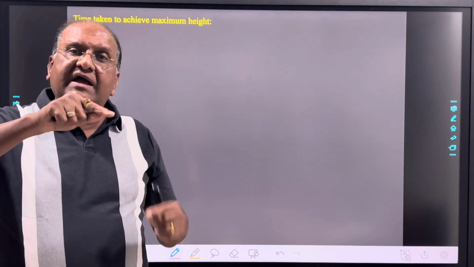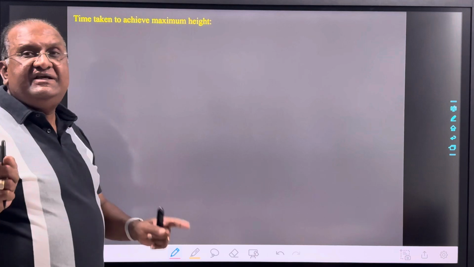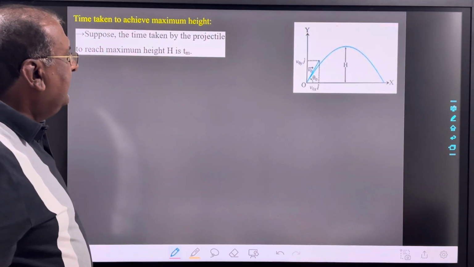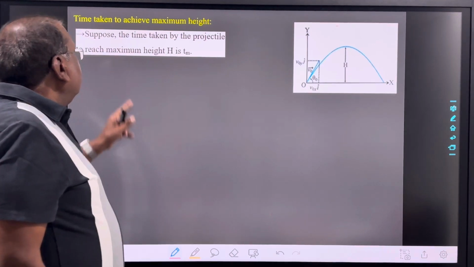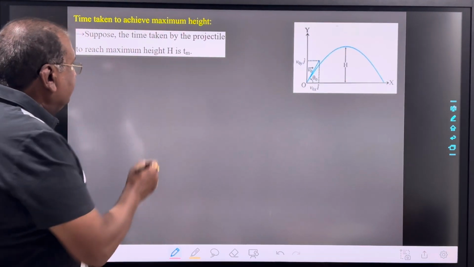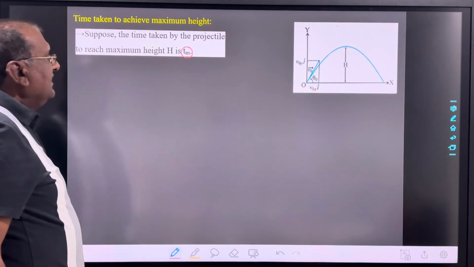So here now we have to calculate the time taken to achieve maximum height. Now see here, suppose the time taken to attain maximum height, that we denote by Tm, right?